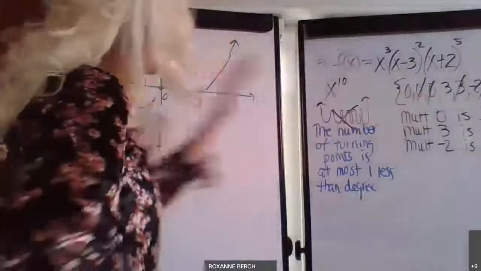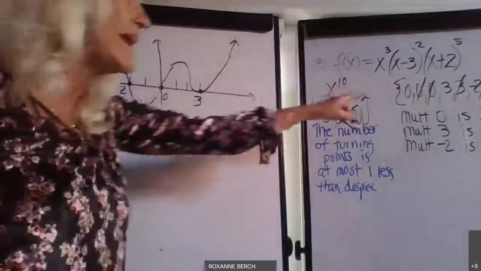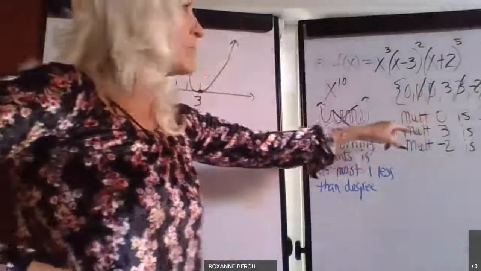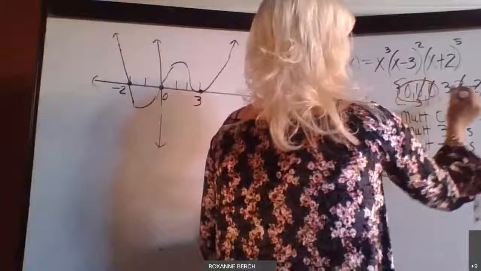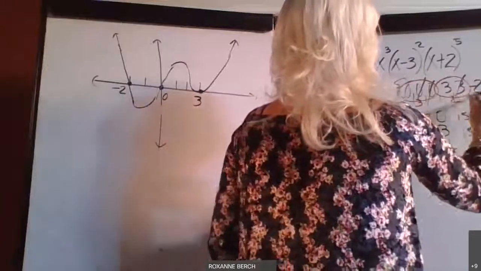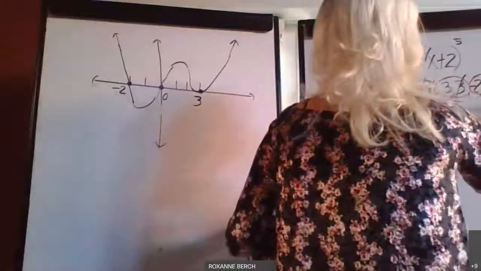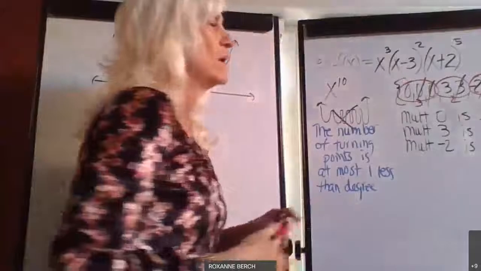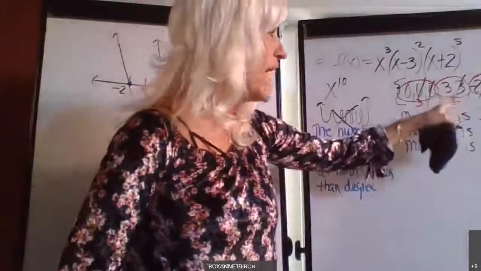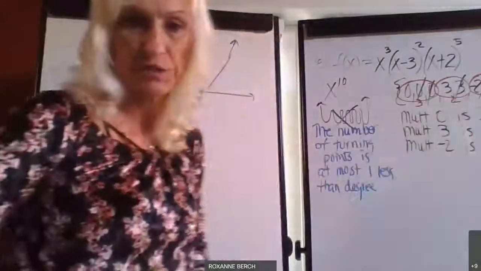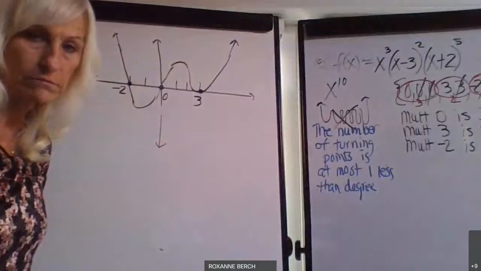At 0, it's odd, so it crosses. But at 3, based off the degree? It's based off the number of times you see this. Look, you see 0 3 times. You see 3 2 times. And you see negative 2 5 times. So since we saw 3 twice, it touches and turns. Oh, okay. You follow me?